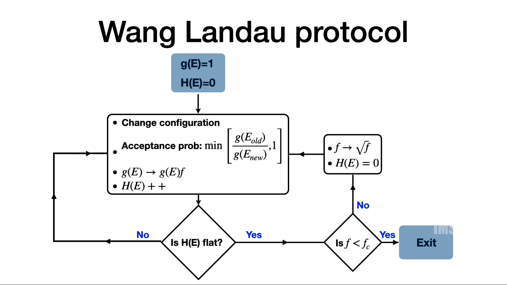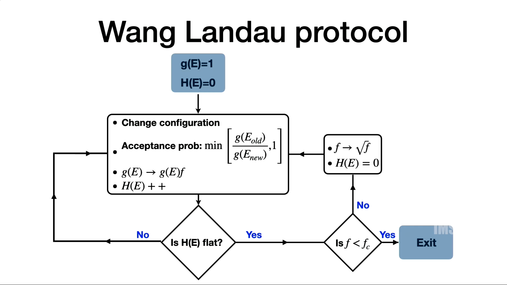You start with a flat density of states, the histogram is 0, you change the configuration to another one, you accept that with the same Metropolis rule, probability minimum of 1 and weight of new by weight of old, but the weight is 1 by G of E. So this is the exact Metropolis rule.